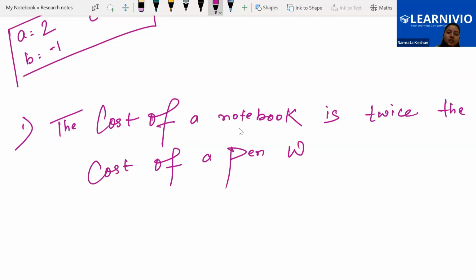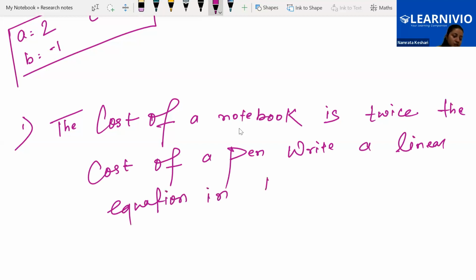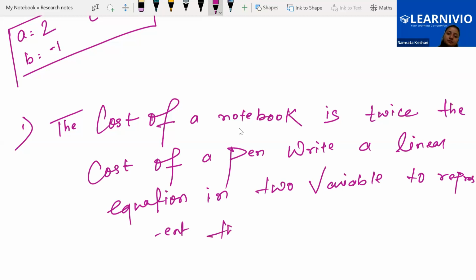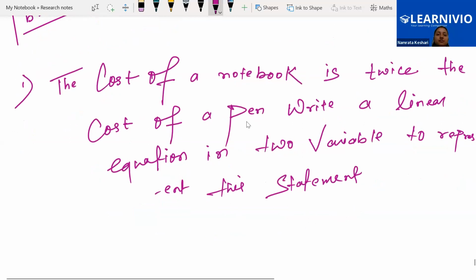Write a linear equation in two variables to represent this statement. Okay, the cost of a notebook is twice the cost of a pen.